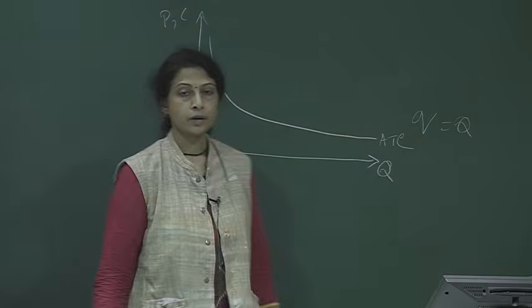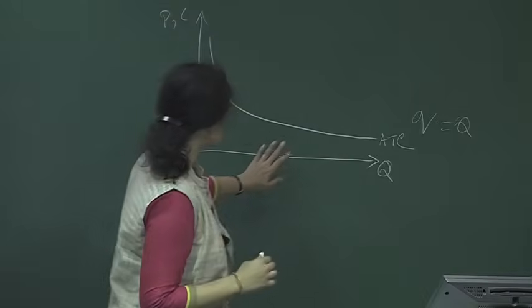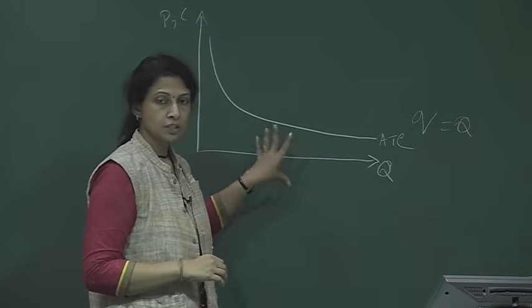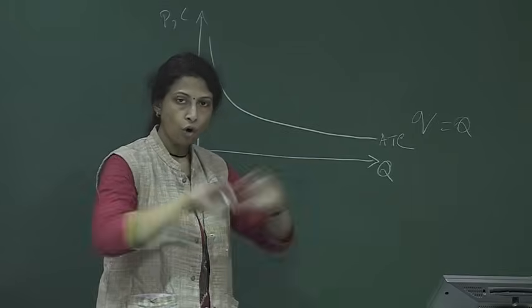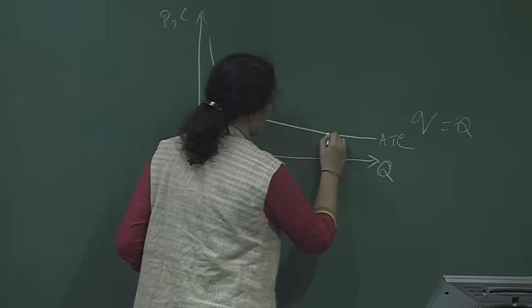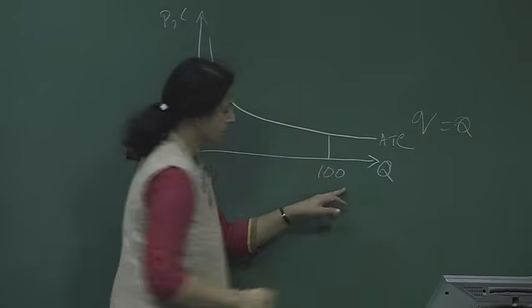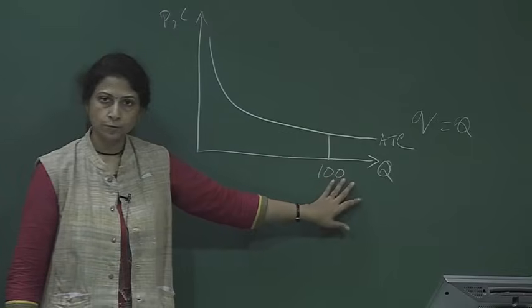And if this is the single large power generating unit in the economy and it is catering to all the households in the economy, then say it is able to sell around 100 units of power.